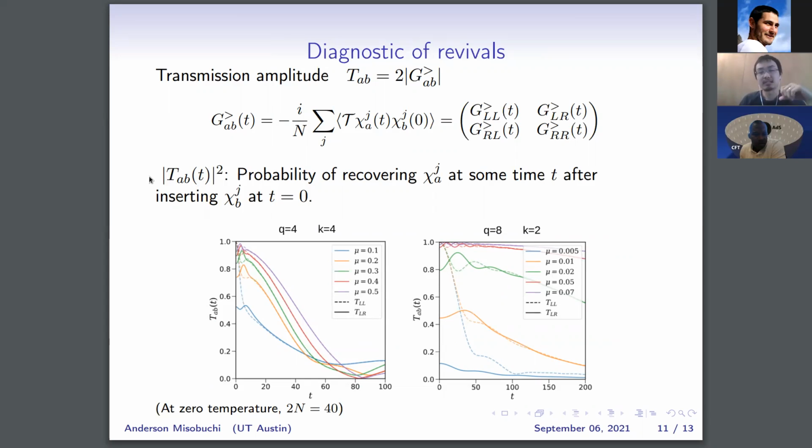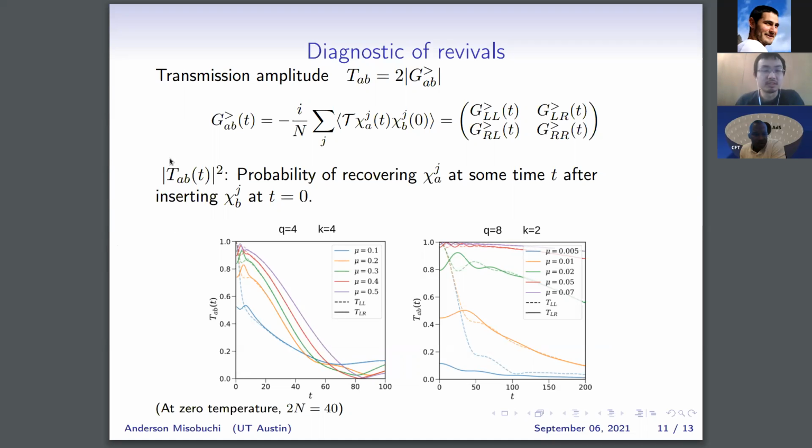And what you expect is that every time you see a peak in one of these coefficients, you should see a minimum in the other. That's consistent with the picture that I just described before. There's also an expected decay that comes just from the typical decay of the SYK correlation function.